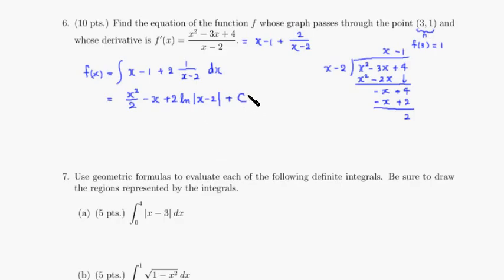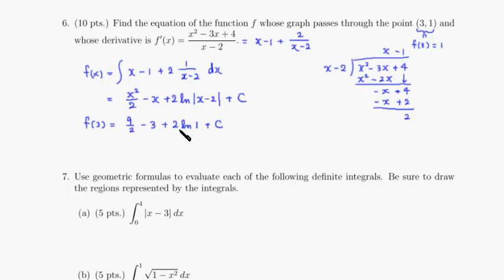Then in order to find the value of c, we can use this condition: f of 3 must be 1. So let's plug in. f of 3 is equal to 3 squared over 2, which is 9 over 2, minus 3, plus 2 times natural log of 3 minus 2, which is 1, plus some constant c.